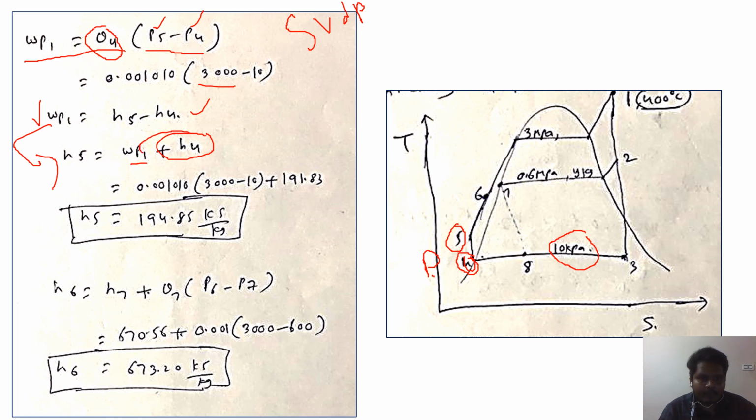Work input to the pump you will get from here, and h4 value we can get from the steam table at 10 kilopascal. Once you substitute all the values, we will get the enthalpy at point 5, that is 194.85 kilojoule per kg.